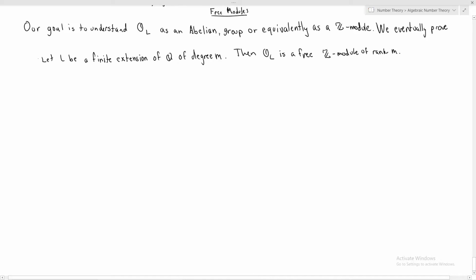We're going to have to develop some techniques. So to prove this, we need to build up the machinery of traces, norms, and discriminants, which will take probably quite a few lectures.